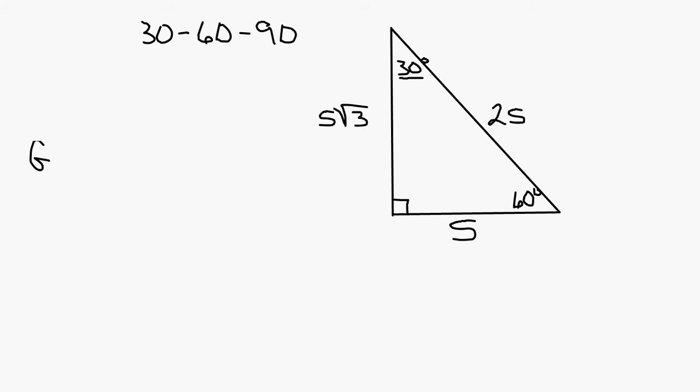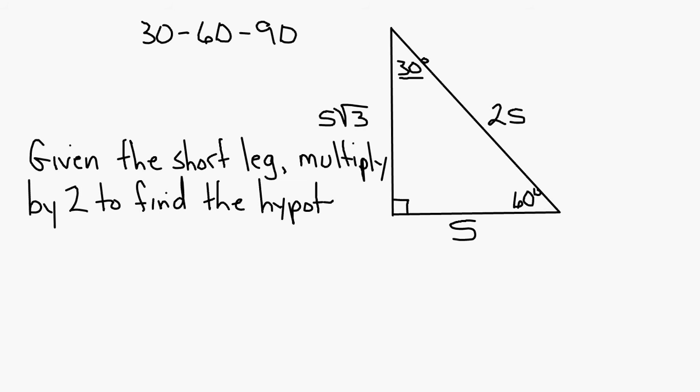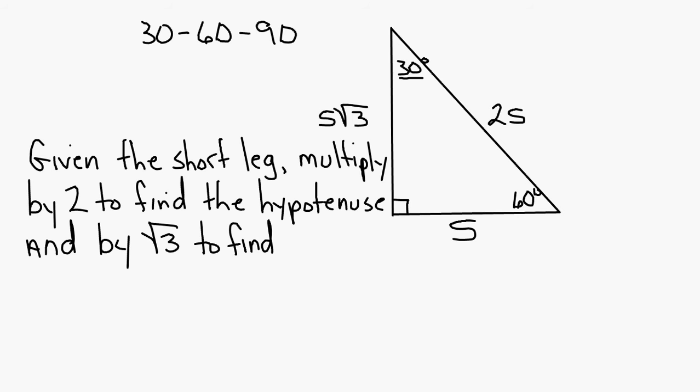So if you are given the short leg, multiply by 2 to find the hypotenuse, and by square root of 3 to find the long leg.